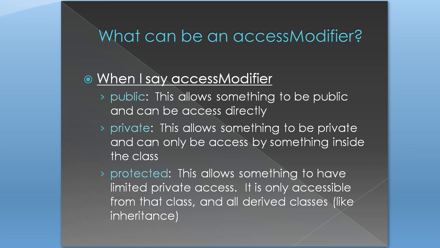Private, this allows something to be a private level and can be accessed by something inside the class. Protected, this allows something to have limited private access and is only accessible from that class and all derived classes, like inheritance and polymorphism.